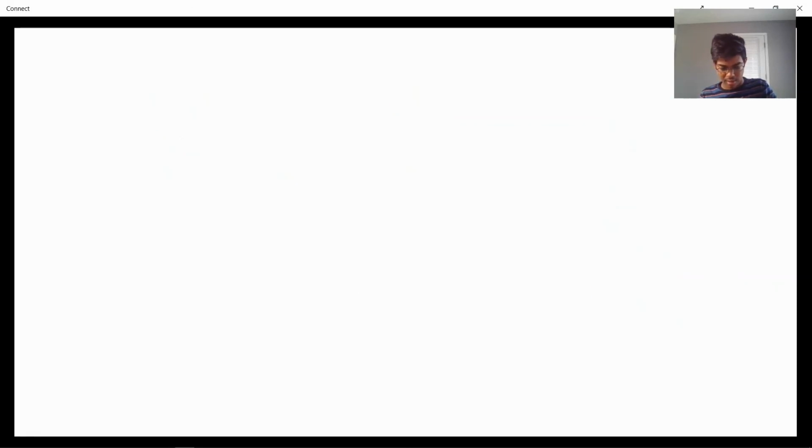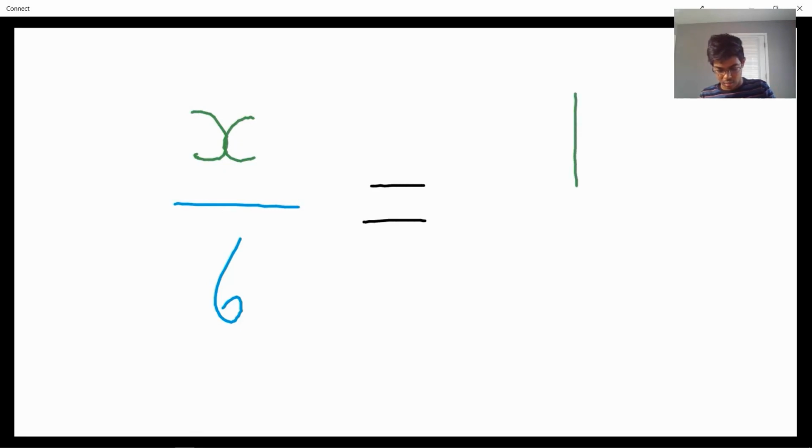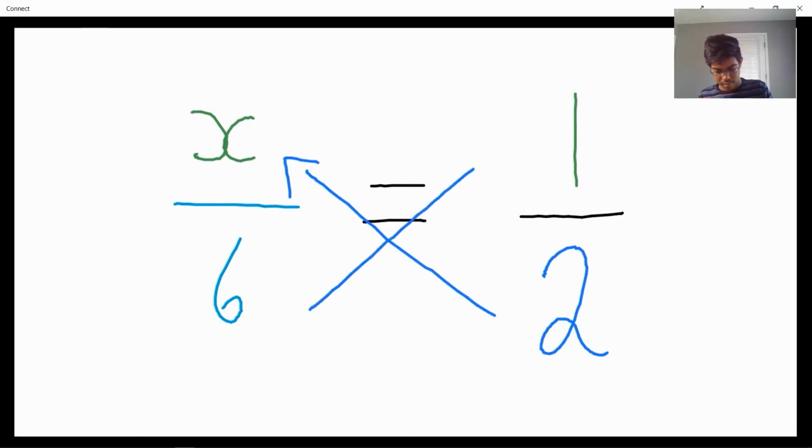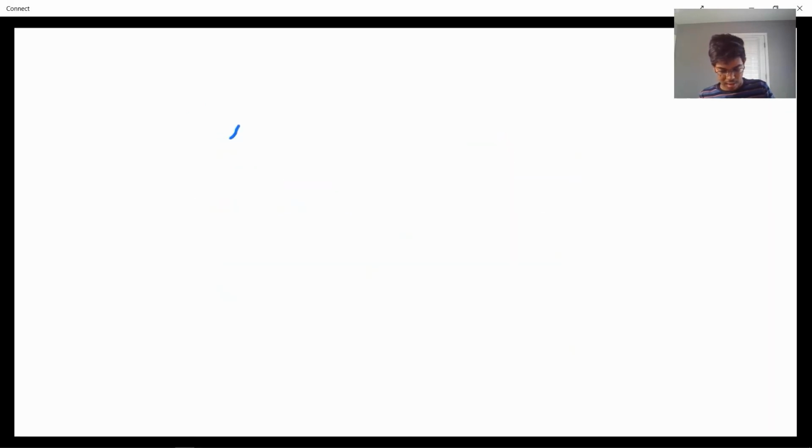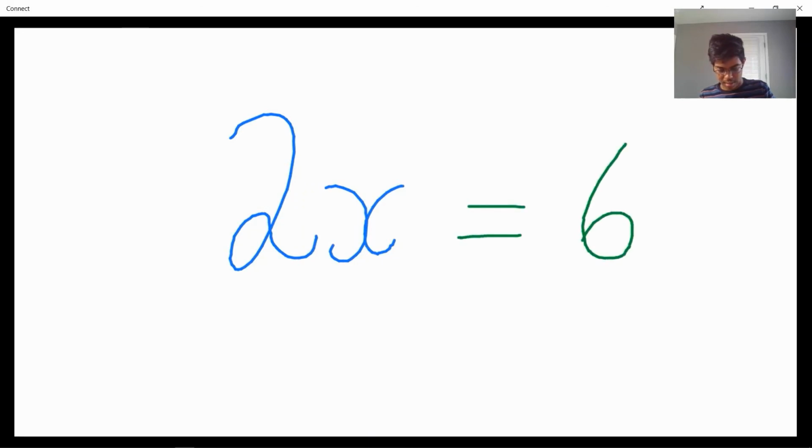So we can rewrite all this as x over 6 equal to 1 over 2. Cross multiply: 2x equal to 6.